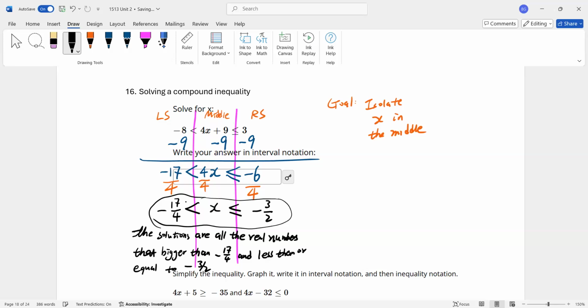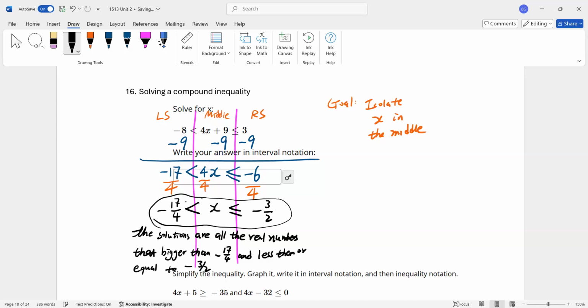Okay, in other words, the solutions are real numbers in between -17 over 4 and -3 over 2, but exclude -17 over 4, include -3 over 2.